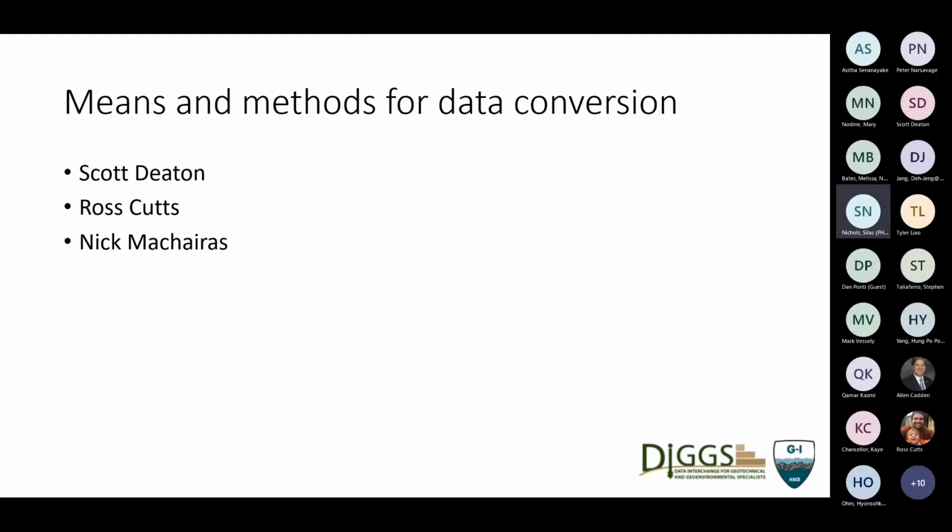And then the third module also assumes that we have data in DIGGS. In that case, though, we want to demonstrate what we can do with data in a DIGGS format, not just getting it in and out, meaning how can we use a small program to produce a summary of the data that we have in a DIGGS file, meaning how can we quickly inspect the data in a DIGGS file that's not just XML code?